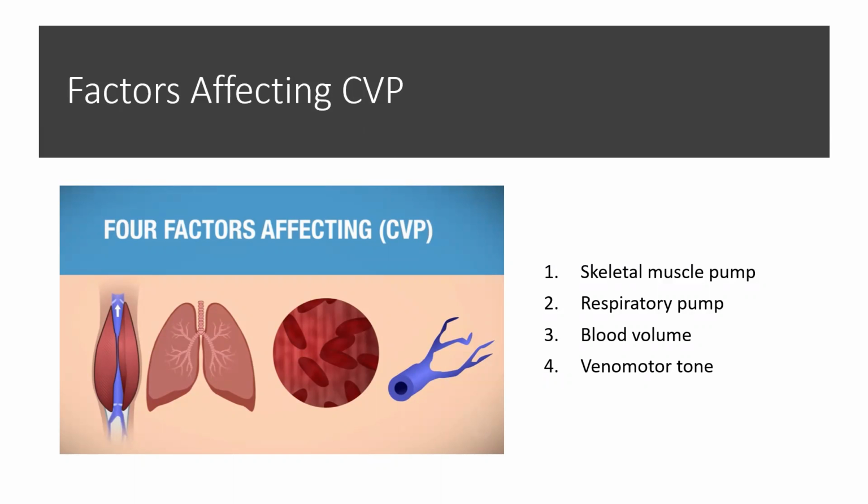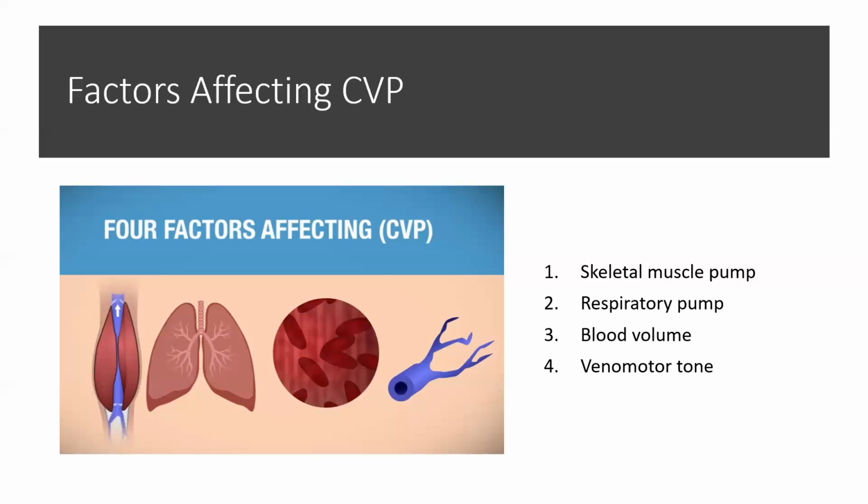The other thing is the respiratory pump. When you take a deep breath, the pressure in the abdomen increases, and therefore the volume in the thoracic cavity increases as well, and therefore it increases venous return. And another factor is going to be blood volume. So during inspiration, venous return increases as the thoracic cavity's pressure becomes more negative.